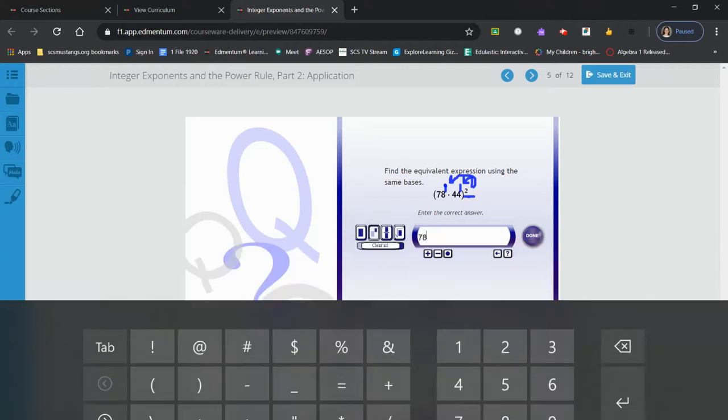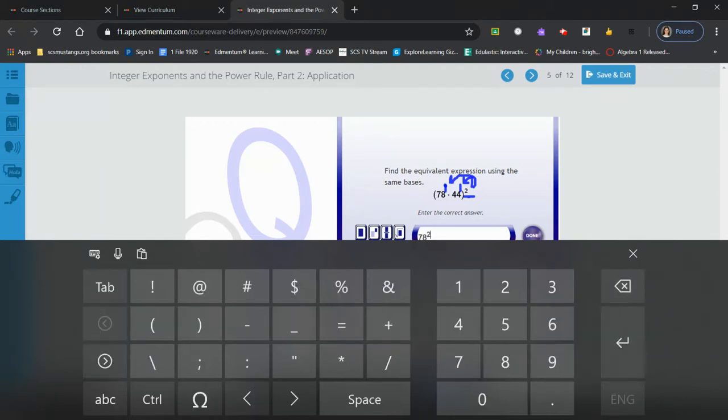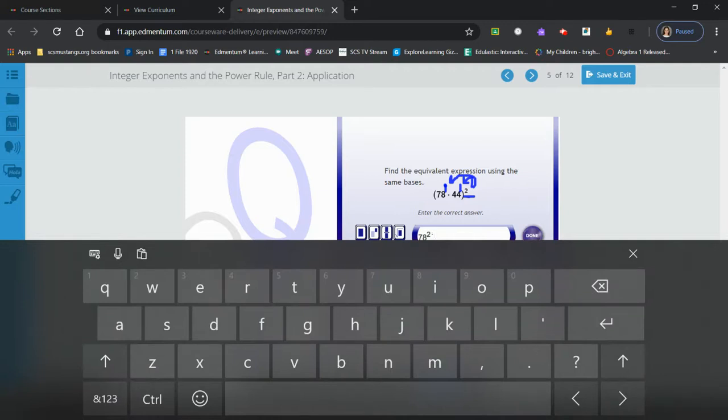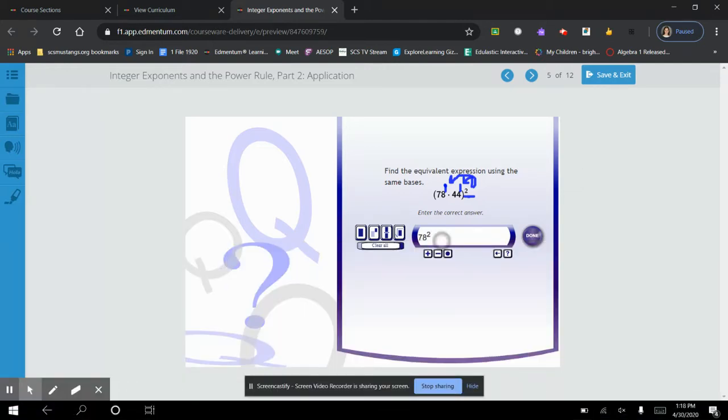and then use the to the button that they give me there, to the second power, and then I need a times, and they give you a times right there, times, and then the second base is going to be 44. Nope, it still has me as a to the, so I'm going to back up, and then there we go. Now it's got me down on the same level.